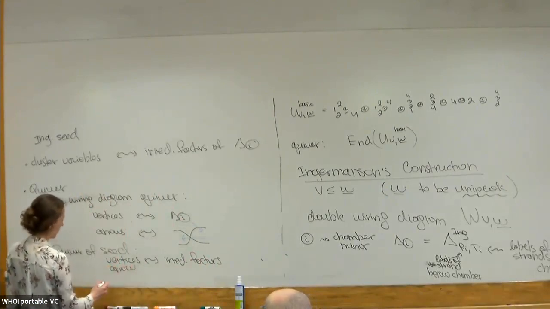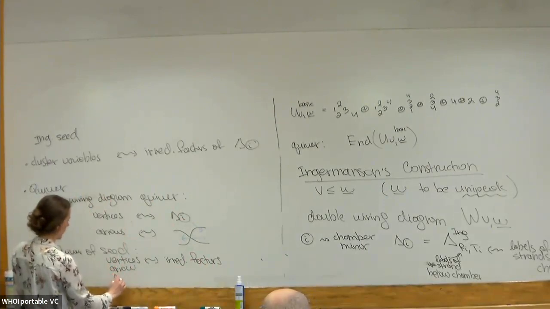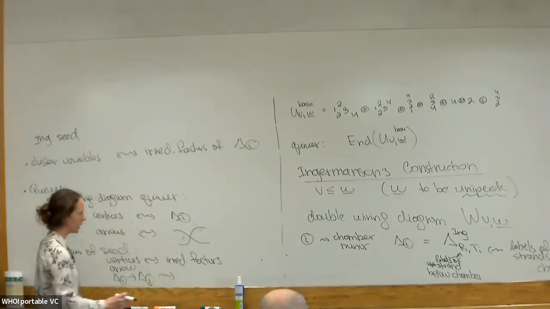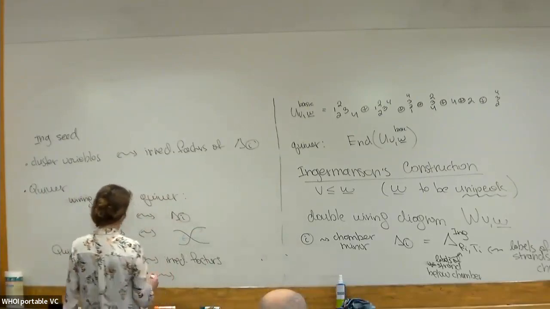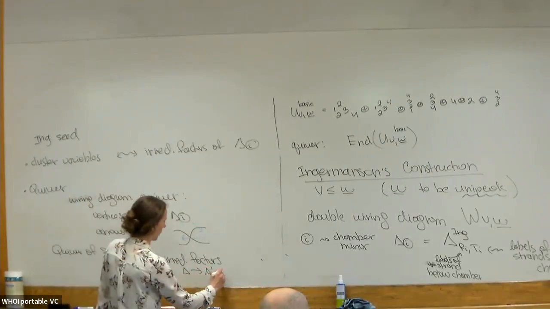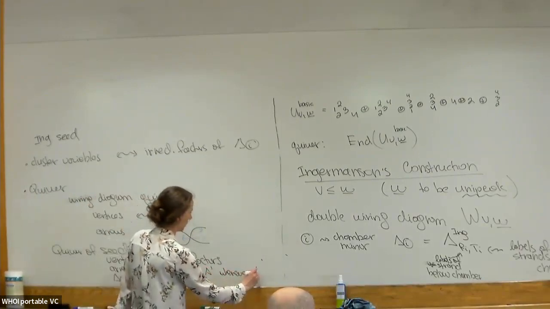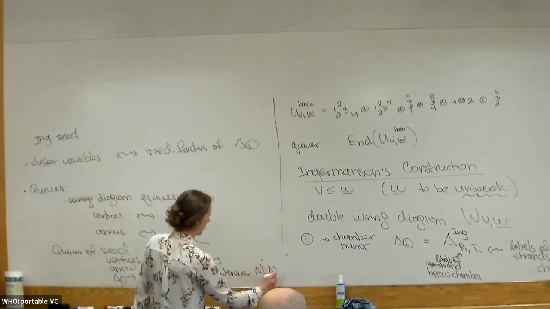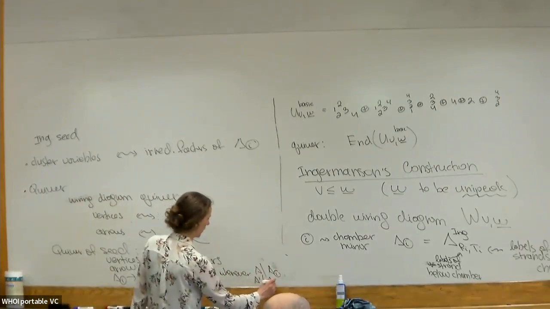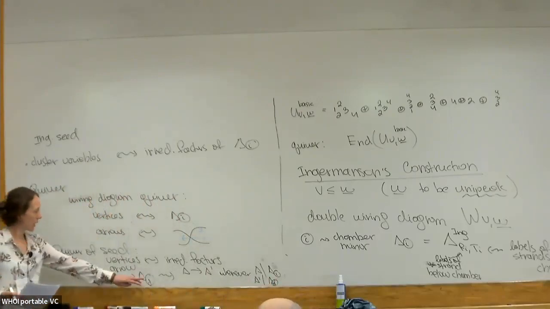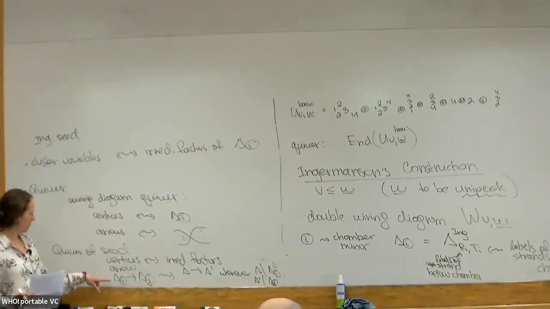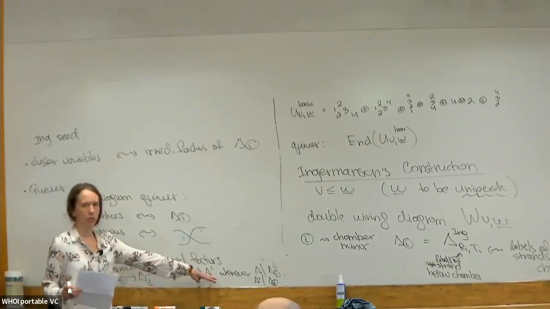Whenever you have an arrow in the wiring diagram from delta I to delta J, this gives you a lot of arrows of the quiver, where you get an arrow from some delta to delta prime whenever delta divides delta I and delta prime divides delta J. So you factor delta I completely, you factor delta J completely, and for every pair of factors you get an arrow in the associated quiver.